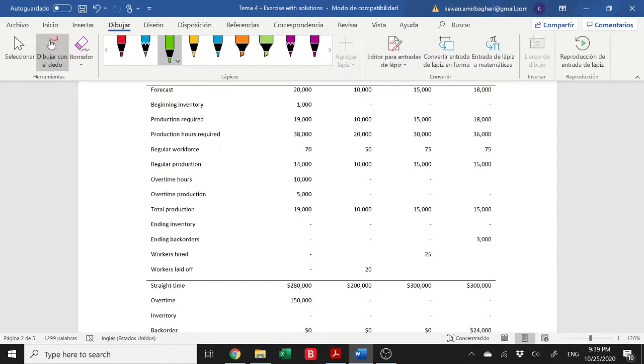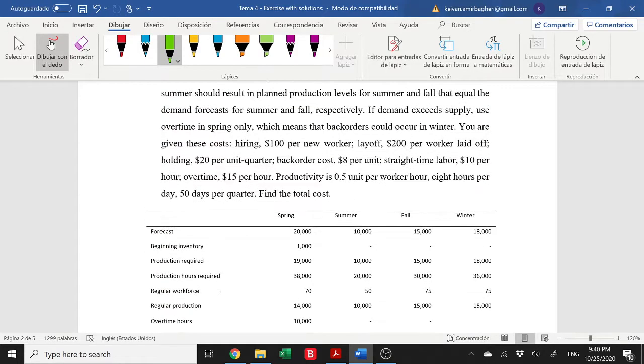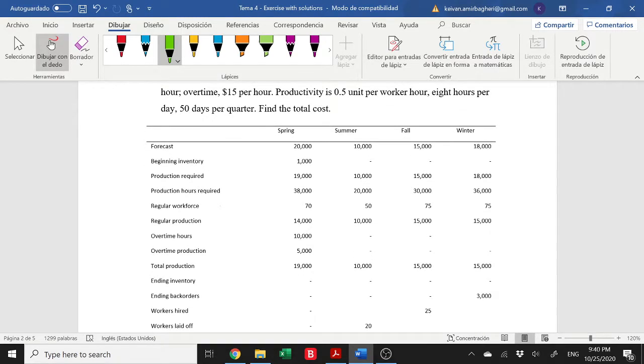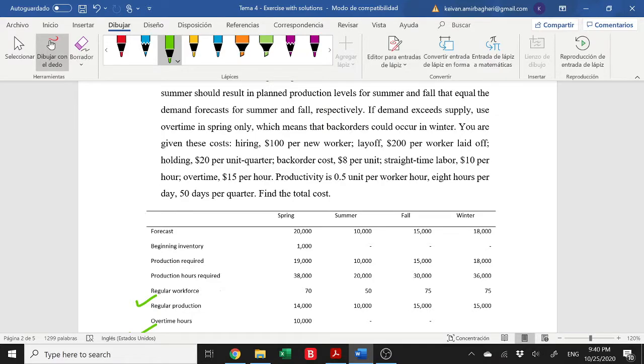So as you see here, guys, the straight time of this production, because here we have regular production and we have overtime production.